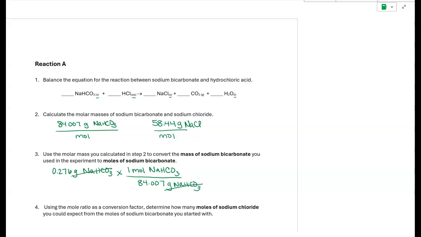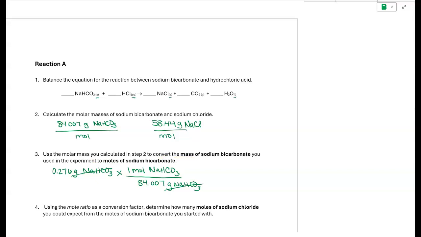If you get confused and you're not sure if you multiply or divide, just set it up so that you have the masses canceling and you're left with the units that you want. Because the question is asking you, convert mass to moles.